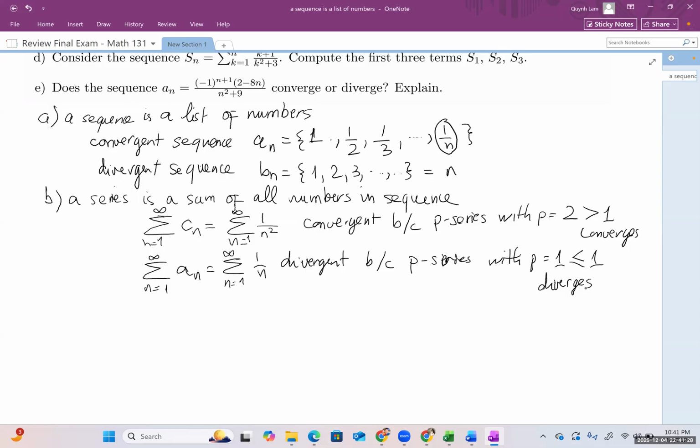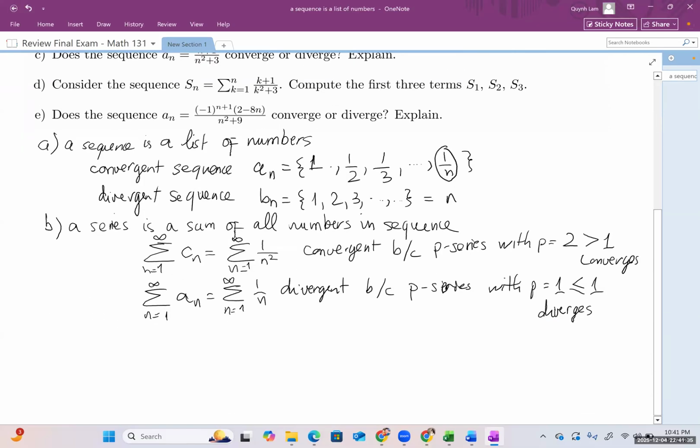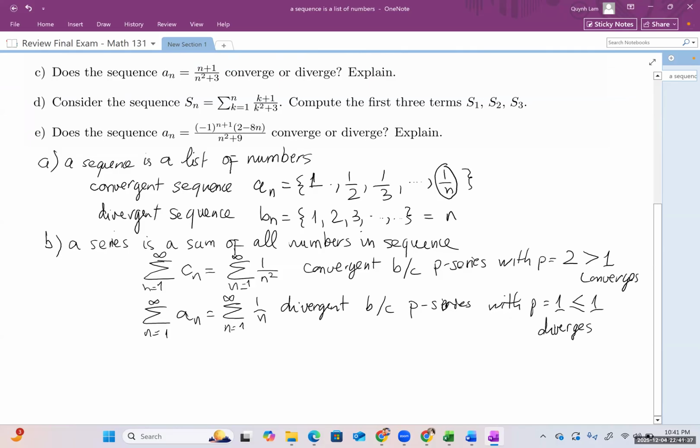So that is part B. For part C, they ask whether this sequence converges or diverges.